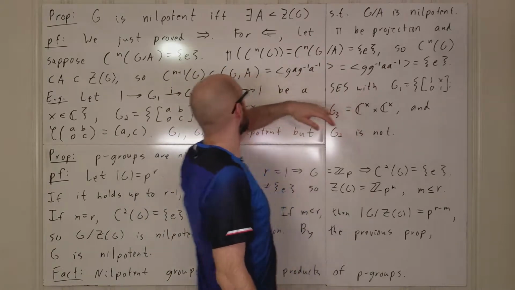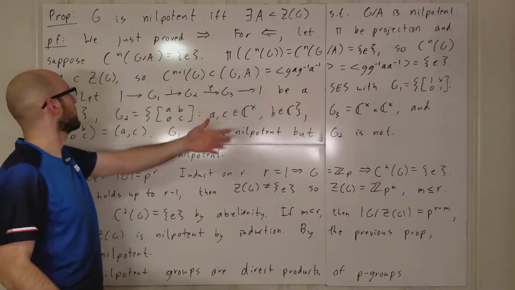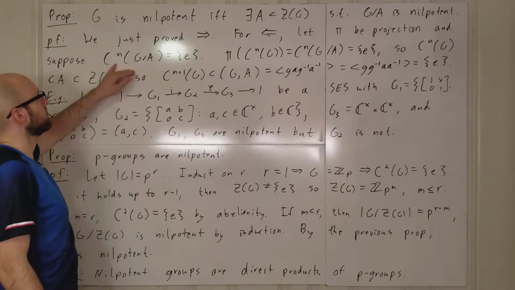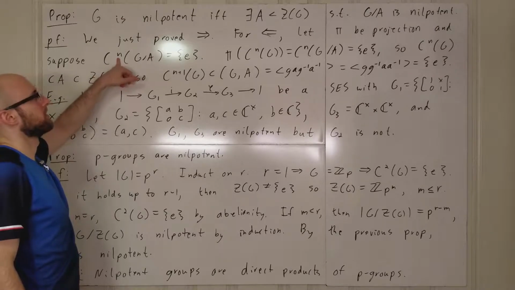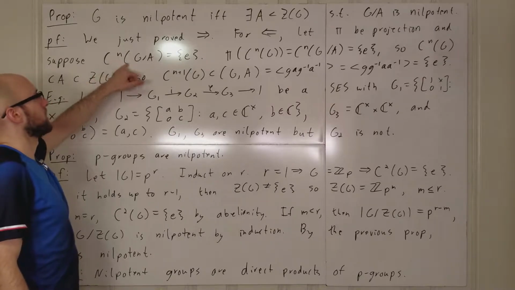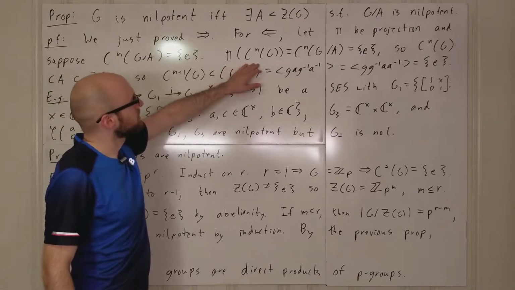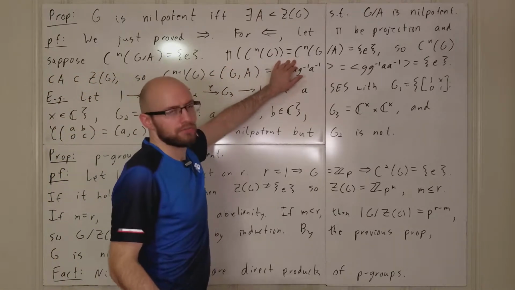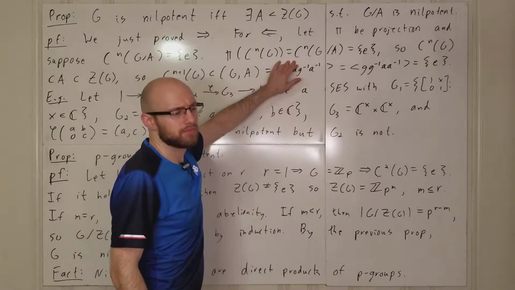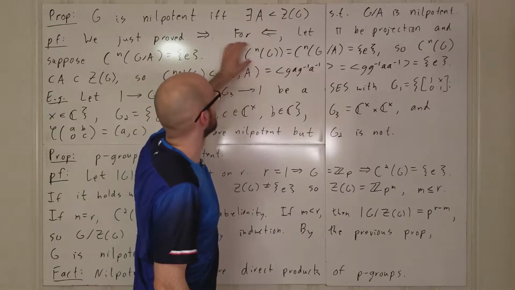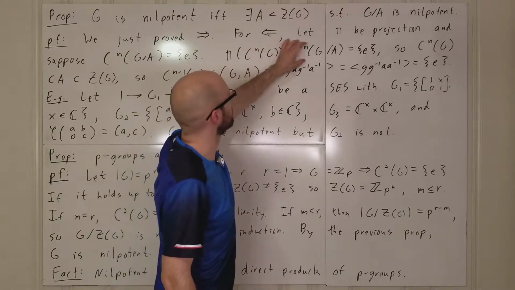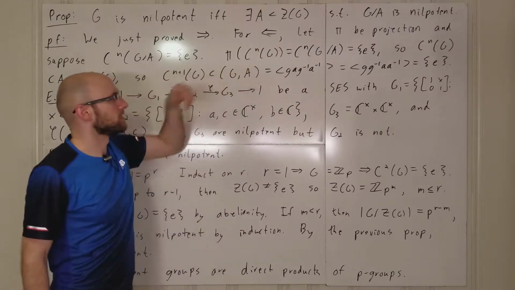Anyways, let pi be projection, and suppose that n is the exponent such that c to the n of g mod A is e. Then you're projecting c to the n of g. We just proved in the last proof that projection carries through under the c's.